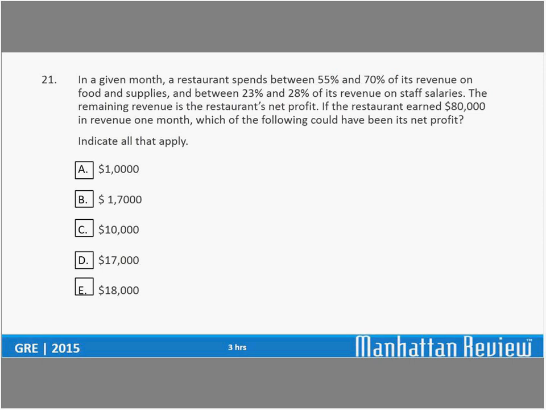Now look at this. The restaurant spends between 55% to 70% of its revenue on food and supplies, and between 23% to 28% of its revenue on staff salaries.